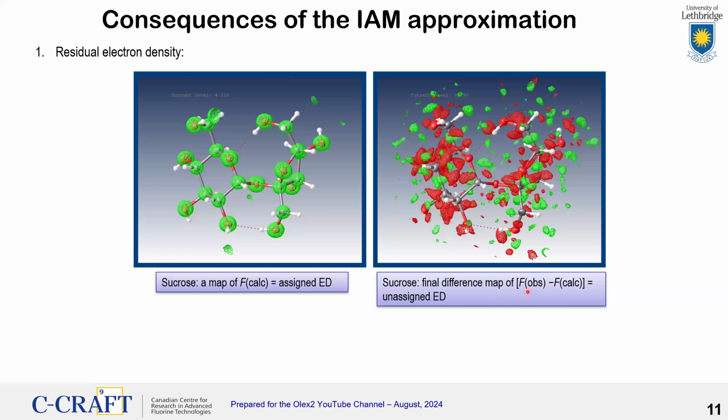And so this is called an observed minus calculated difference Fourier map, and it shows that there's a residual electron density left over even when you have completely finished your crystal structure analysis.